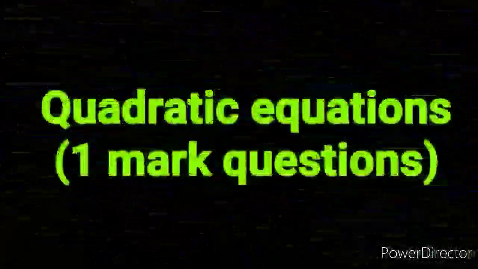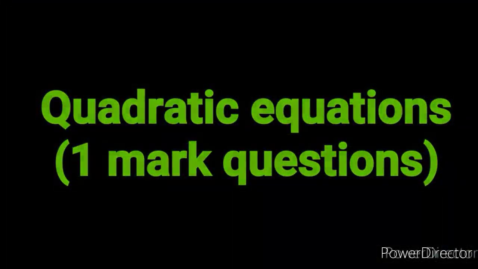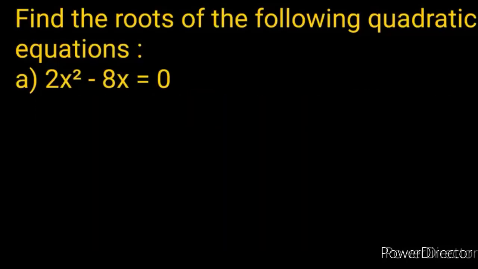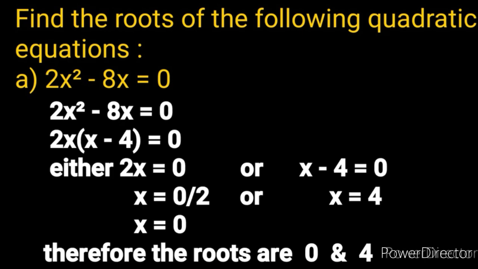We learn some 1-mark questions in quadratic equations. First one, find the roots of the following quadratic equation. Now these are some simple equations. We don't have to use the quadratic formula, just factorizing it. So 2x squared minus 8x equals 0. So 2x is common in both the terms.